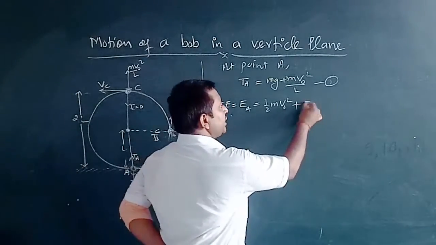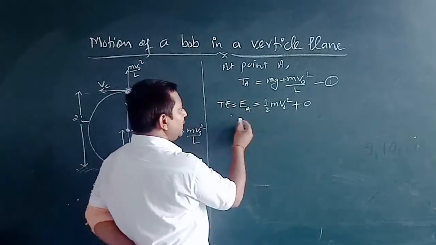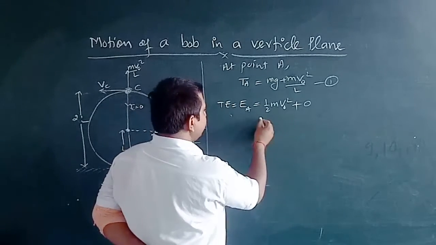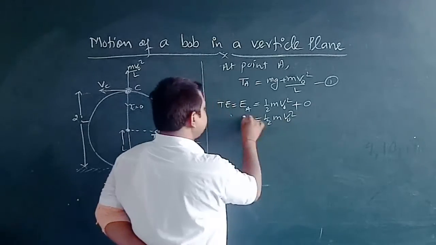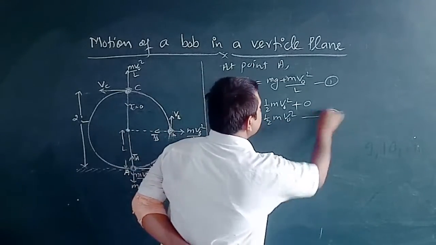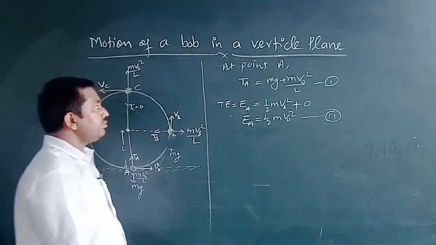So EA is equal to half of mv naught square. This is the second equation.